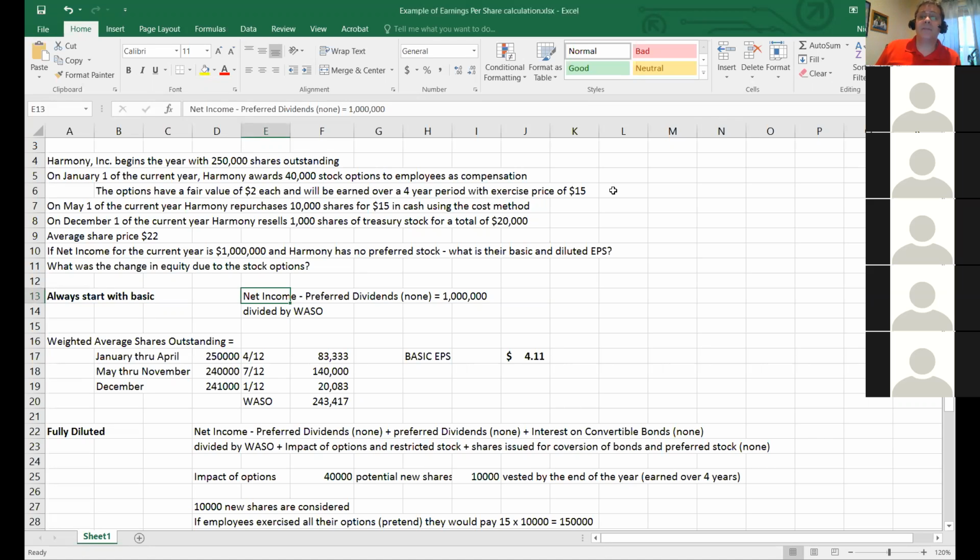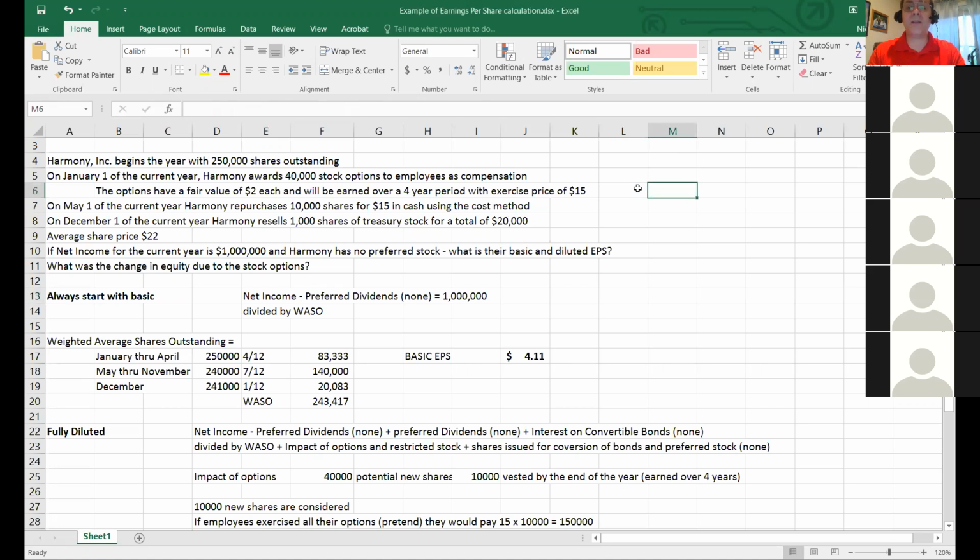So think of an option as a coupon. It's a coupon to buy something at a set price, not a cents off coupon, but a coupon that says I can buy this item for this exact price. Now, remember we talked about compensation.